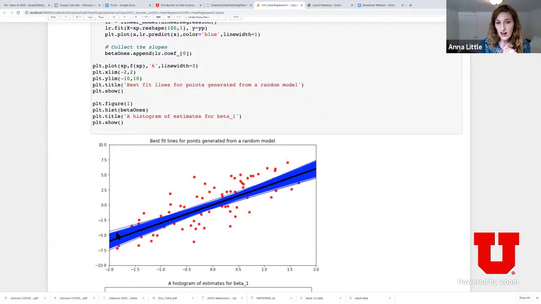So how are we thinking of this? We're thinking of the blue lines as an approximation of the black line, of that ground truth line, but it's not going to be perfect, right? The black line has the exact intercept and slope of the population. A blue line that we compute from a sample will be a little bit off of that perfect black line.